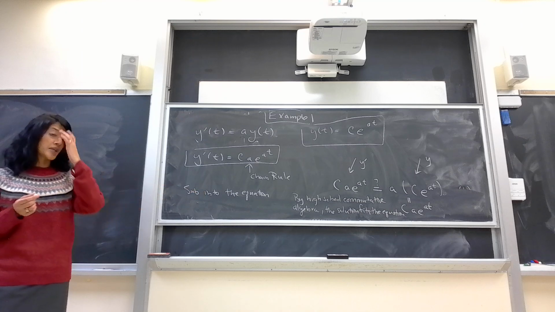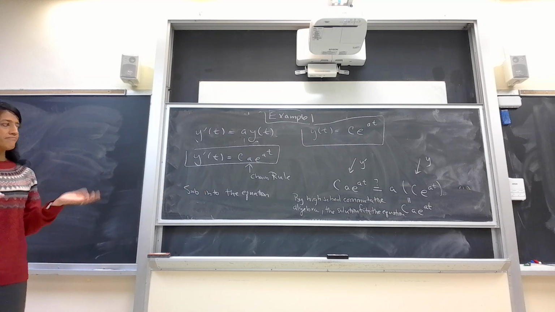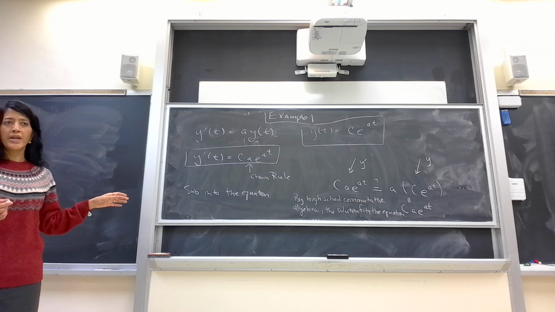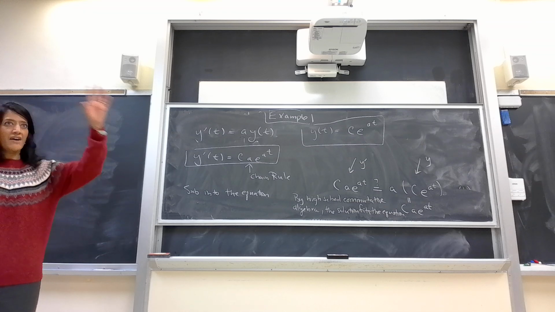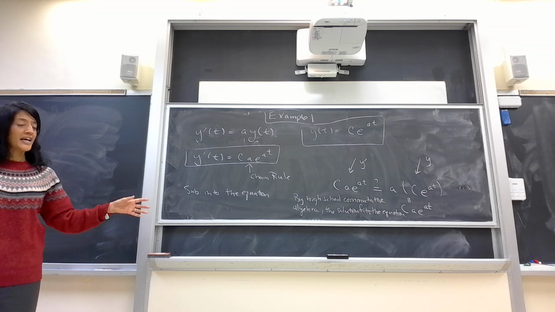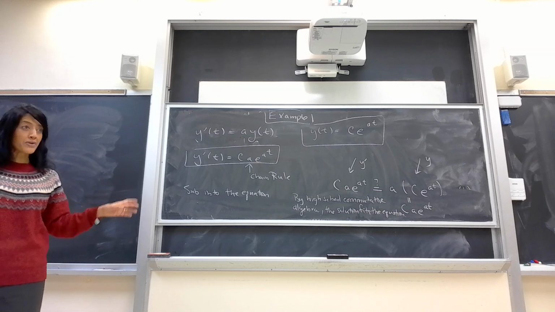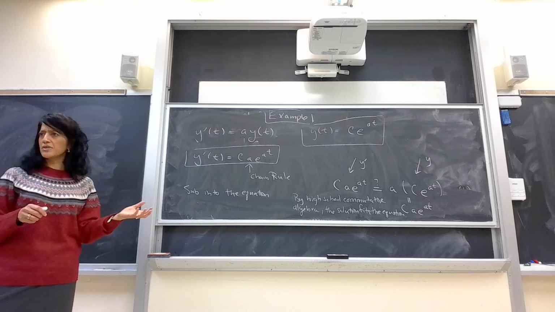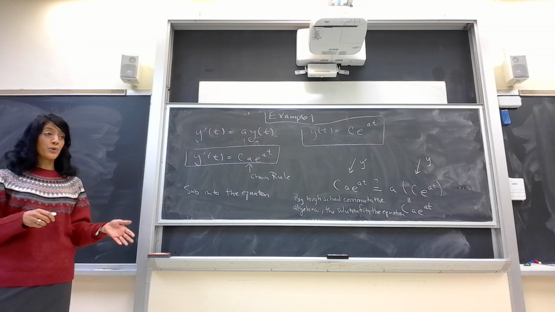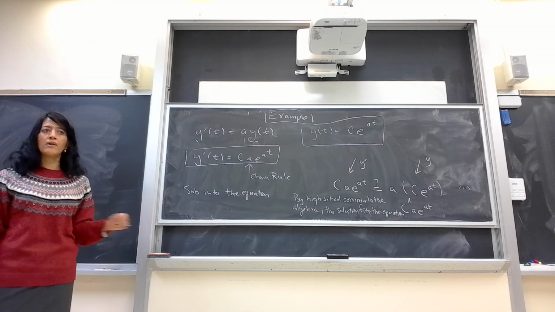So some of what you're learning here at the beginning is just how to solve things that are easy. And you might use that sometimes if you have an equation that's complicated and you want to approximate it by something that's simple so that you can solve it and look at that solution and say something about it. But in real life, most things you write down, you can't solve.